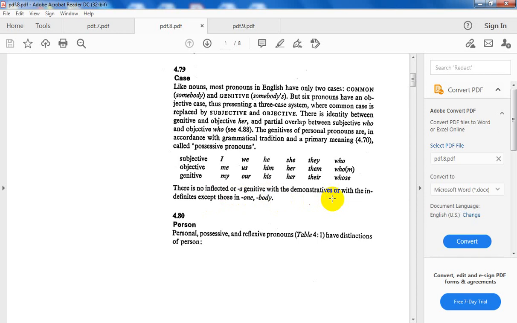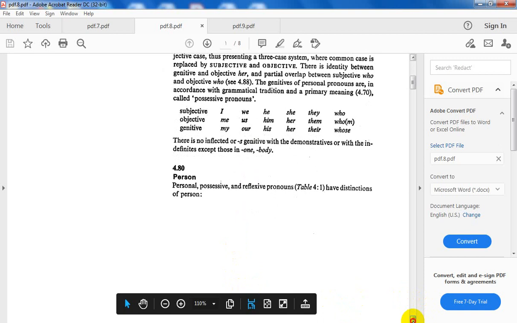This, that, these, those, or with the indefinite pronouns except those in one and body. So the demonstratives this, these, that, those do not occur with the genitive case, and no inflected 's genitive. So what about person?